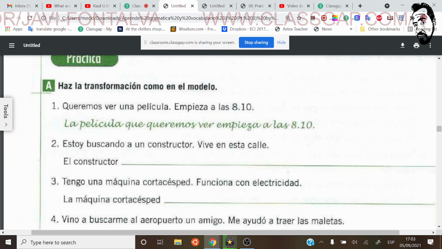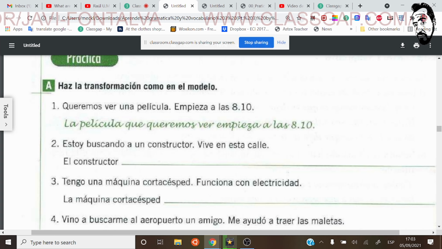And could we have put the que after estoy buscando, meaning the constructor? Not really, because if I say el constructor estoy buscando que, it doesn't make sense.